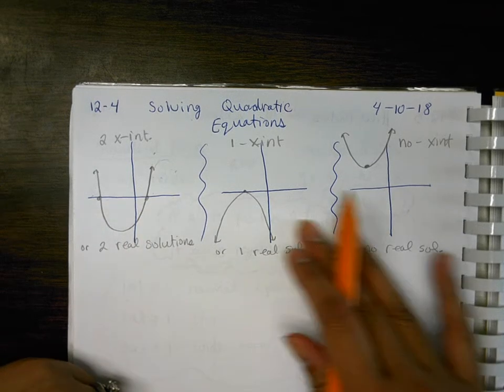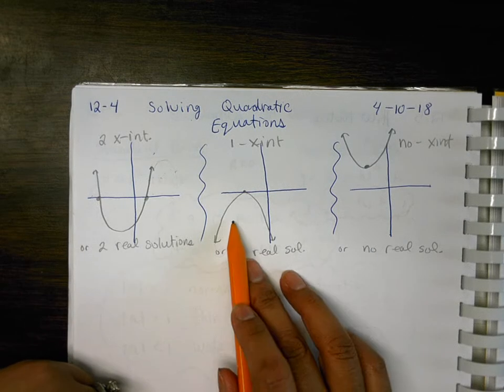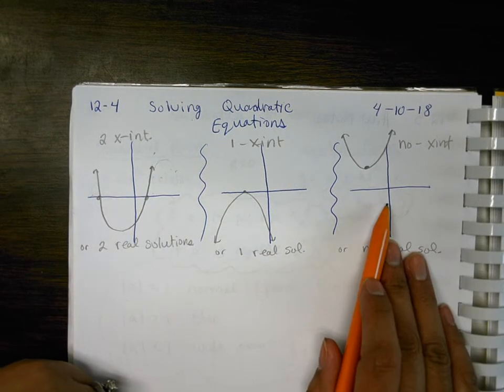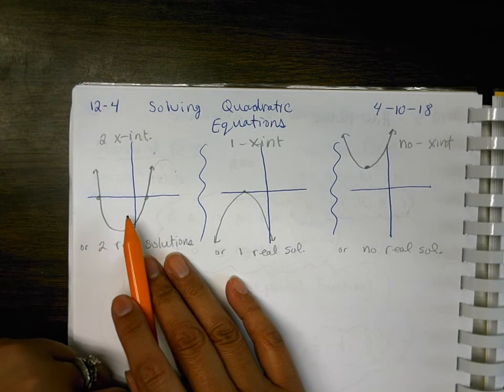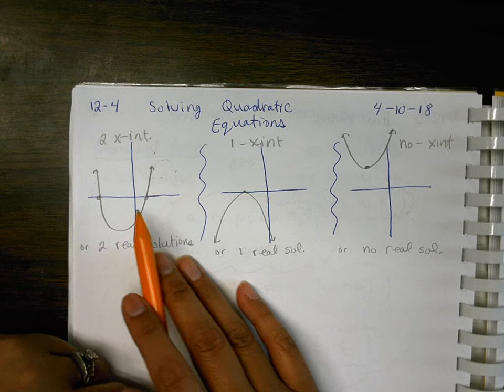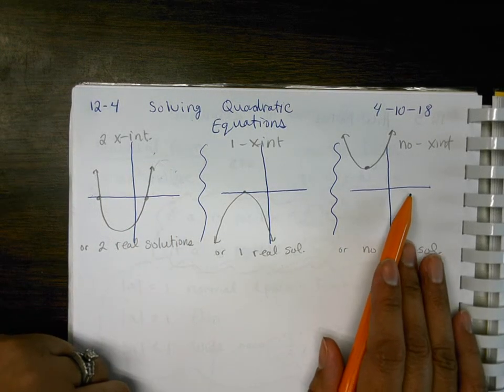So the only possibilities for any parabola is it has 2 x-intercepts, 1 x-intercept, or no x-intercepts. There's never going to be more than 2. Got it? So this one here means it has imaginary solutions.